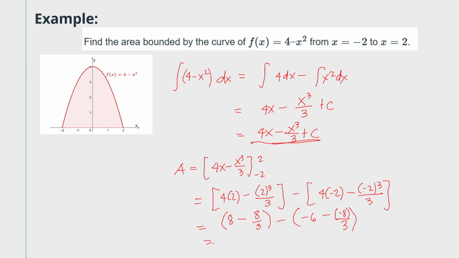Okay, so we have to simplify. 8 minus 8 over 3 is equal to 16 over 3. And this equals minus, this is negative 8, plus 8 over 3.